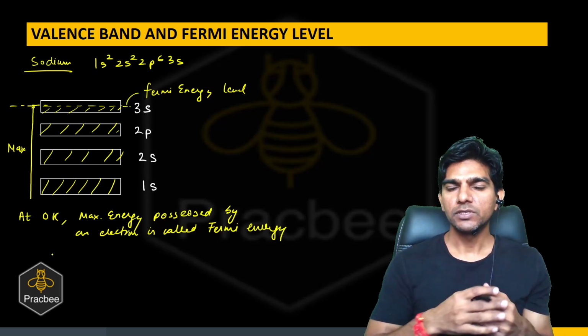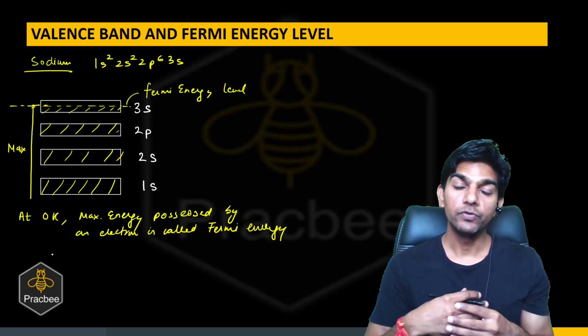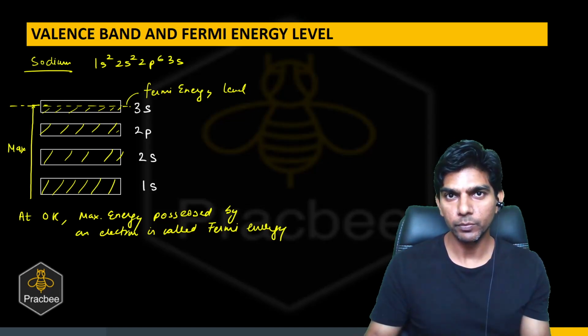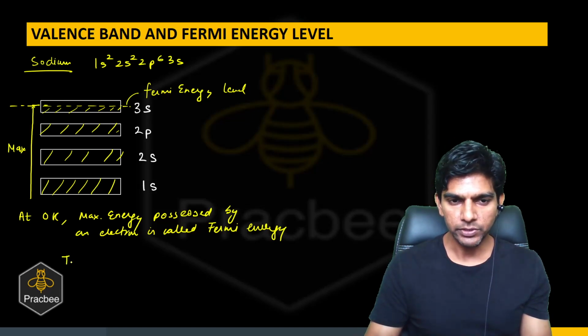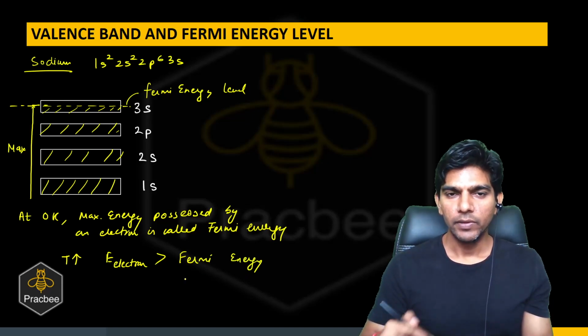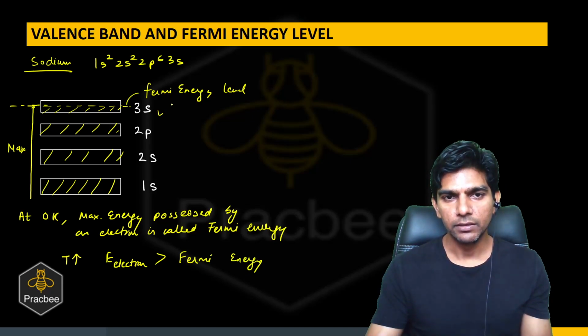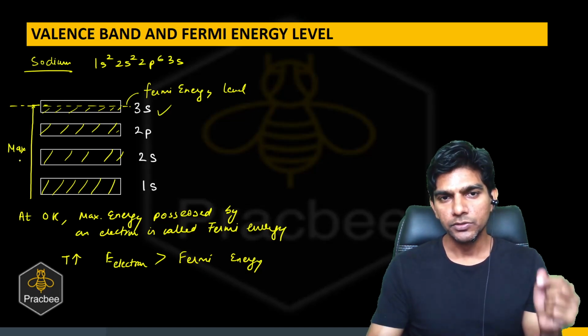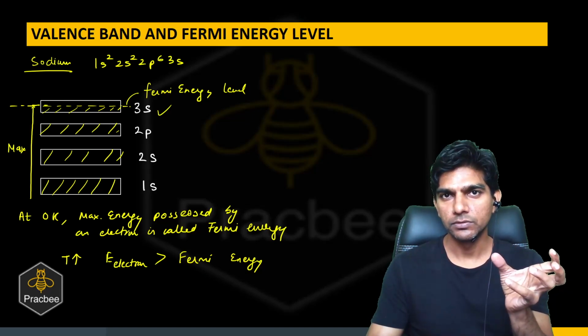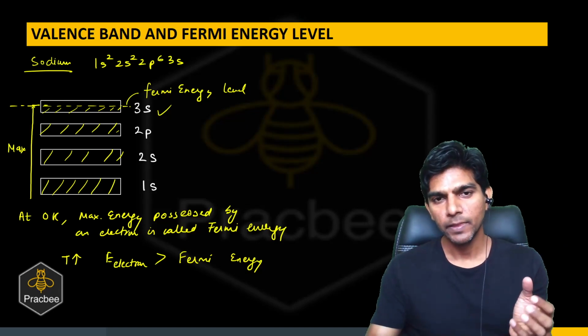Okay, so what happens if we increase the temperature? If we increase the temperature, then there will be electrons which have energy greater than the Fermi energy level. And if I consider the valence shell, this 3s orbital, the electrons which have energy in the 3s orbital are known as valence electrons.